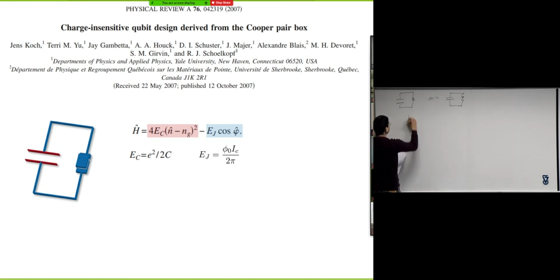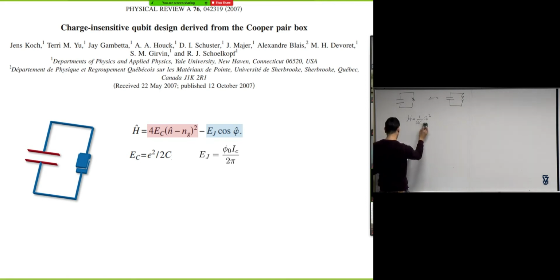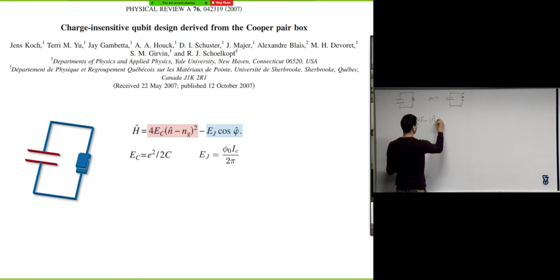And if I write the Hamiltonian, 1 over 2C Q squared. Actually, let's write it with EC, but it's the same thing. So let's write it with 4, I just switched because that's like in the presentation. N minus Ng squared.